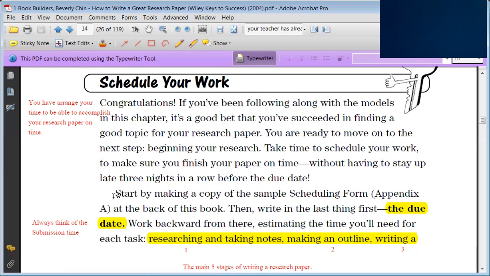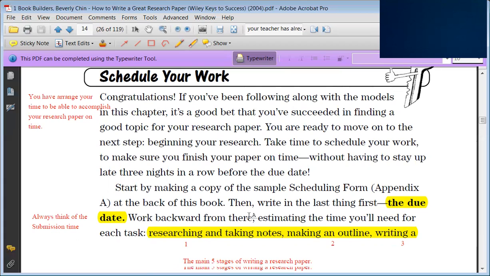Okay, as you can see, start by making a copy of the sample scheduling for appendix, leave this one. Then write in the last thing first, the due date. You have to think of the due date. Due date means the submission time. What is your submission time? And you have to arrange your time according to the deadline.